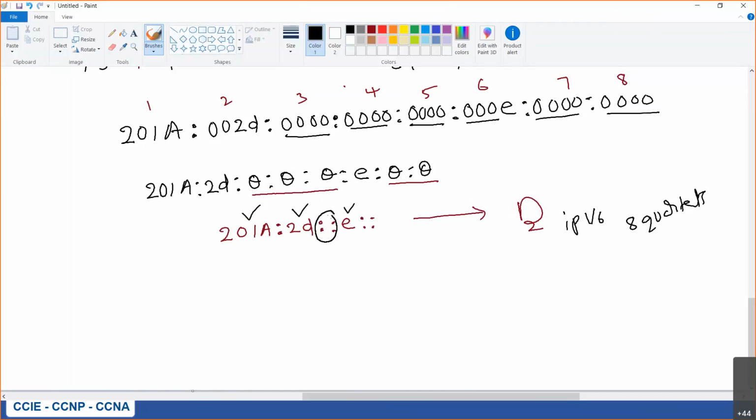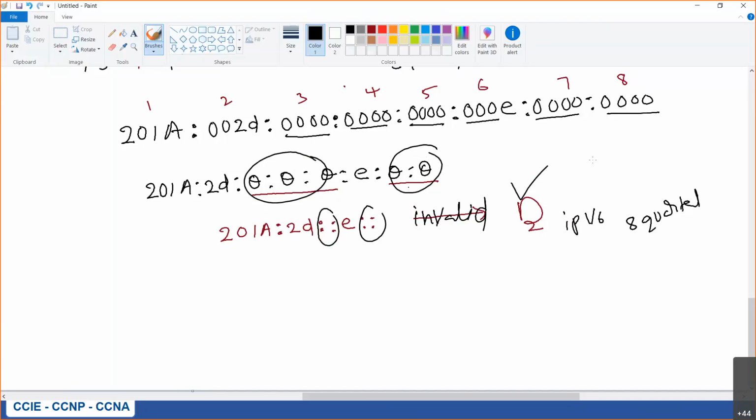So your PC can understand here maybe 5, or maybe here you have 2, here maybe 3, here 2, here 4, right? Your device will be confused where exactly the 5 fields are. So this IPv6 address is invalid. Your device is confused. You have used a double colon. We know that here 3, we know that here 2, but how can your machine understand that?